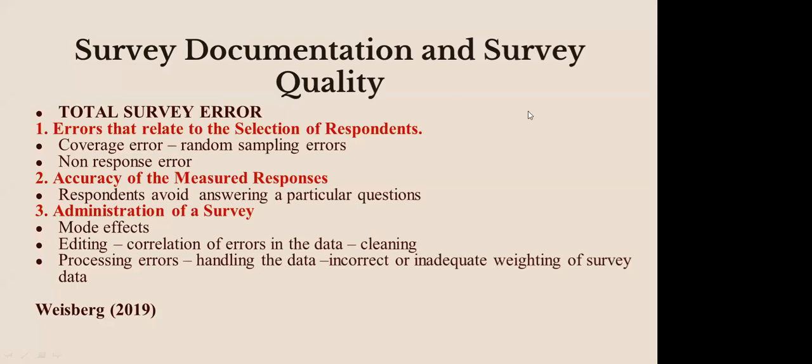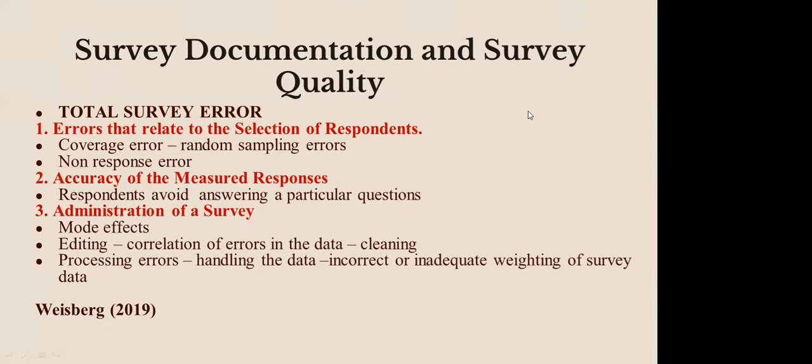People refuse to take the survey. Random sampling errors are very common because you randomly pick an area and some households, and this kind of coverage error is very common in random sampling. But in non-random sampling, it seldom happens. So sampling errors are very common in such cases.